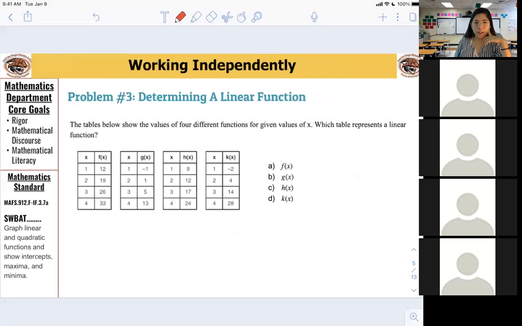All right, number 3. The tables below show the values of 4 different functions for given values of x. Which table represents a linear function? So if I'm looking to figure out which one is linear, what am I looking for?